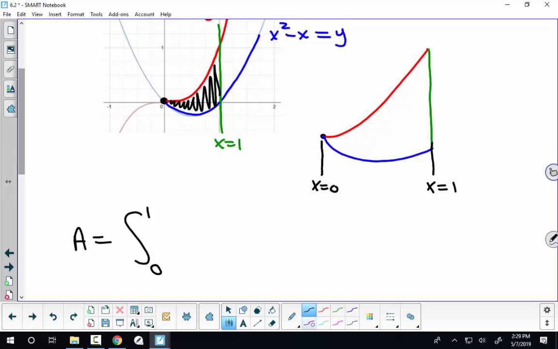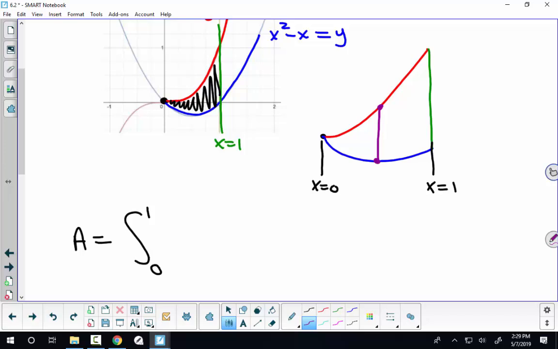So if I just drew one of these rectangles in here, let's say this is one rectangle. What's the height of each rectangle that fills up this region determined by? Is it the two functions? You're right, x cubed minus x squared minus x. Exactly.